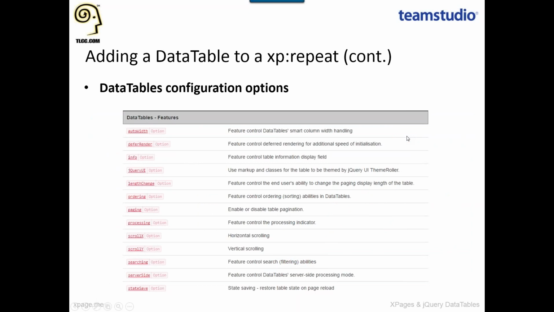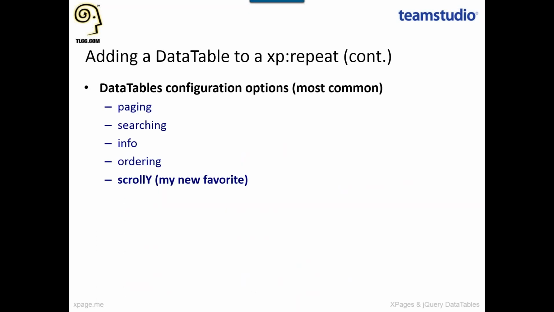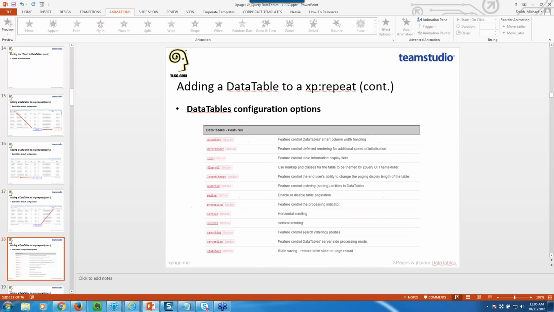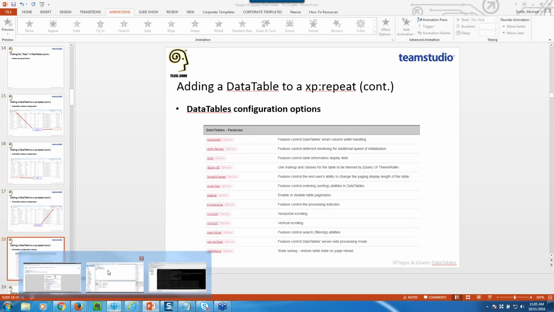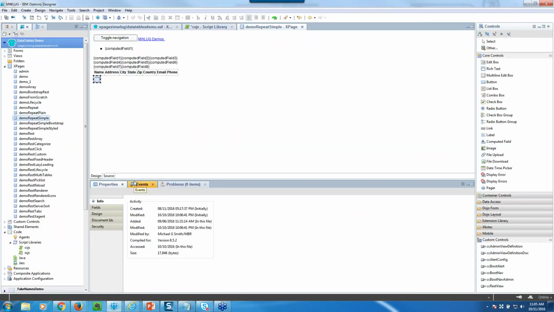Fortunately, DataTables has a very easy way of having some control over this stuff. These are the options that are available to you when you initiate your data table. So let me try to show you how you would do that real quick.